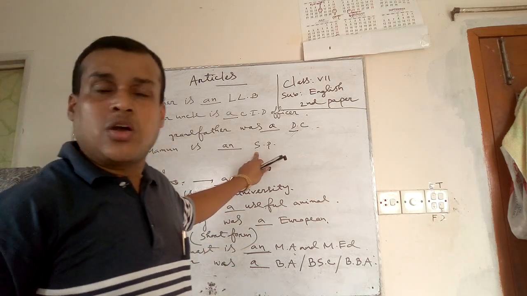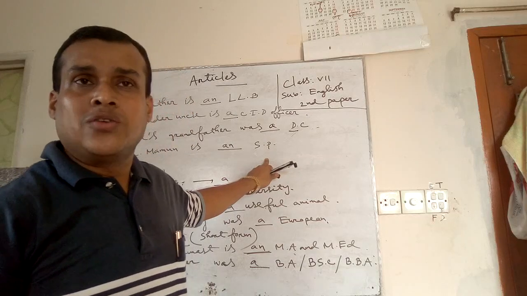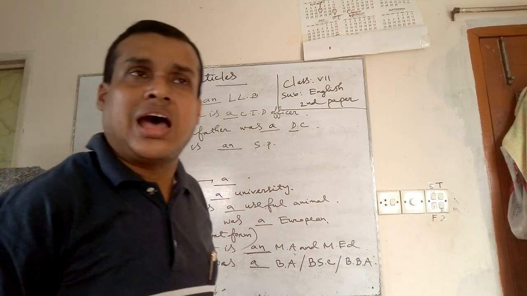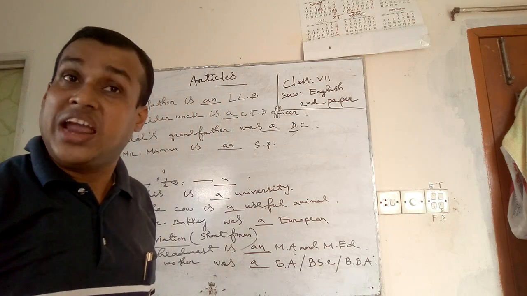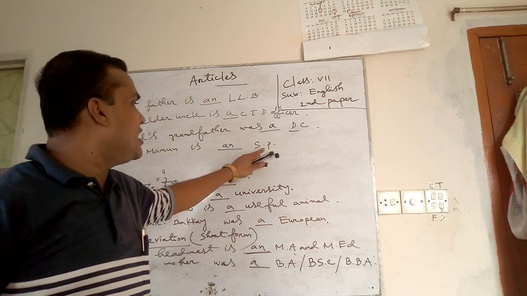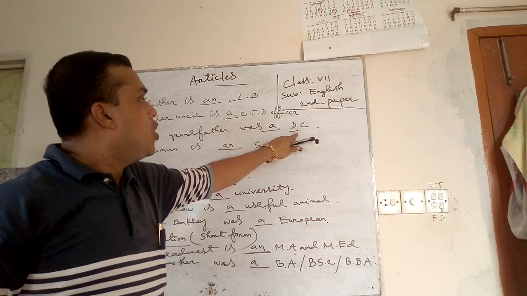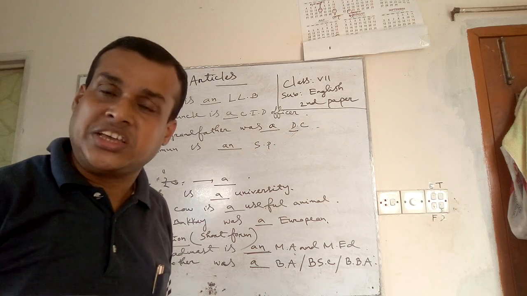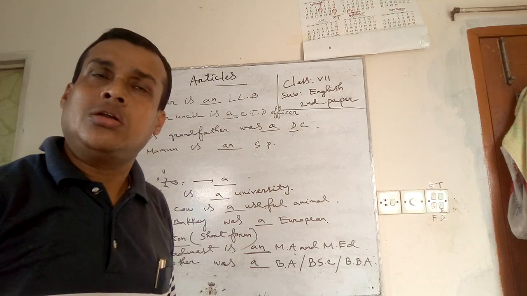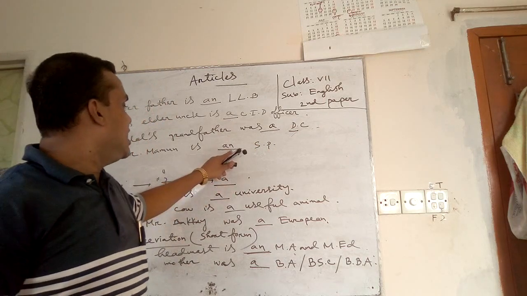SP, Superintendent of Police. Who is the head of all the police of a district? He is called SP. DC, who is the head of the administration of a district? He is called DC.